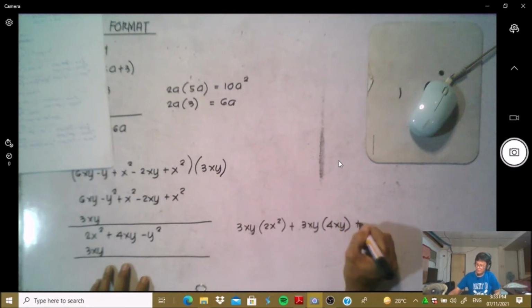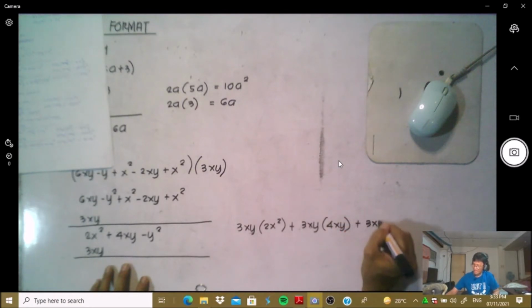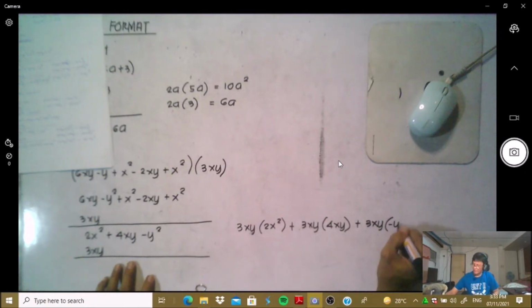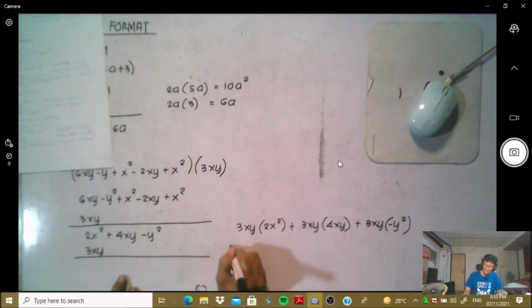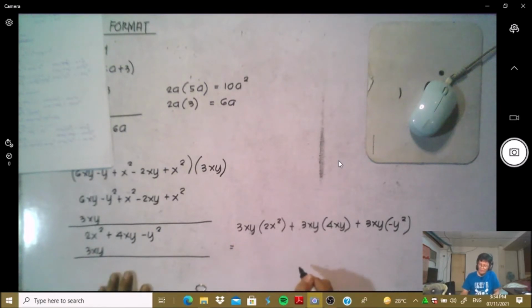Then plus 3xy multiplied by negative y squared. Okay, so we have 3xy times 2x squared plus 3xy times 4xy minus 3xy times y squared. Okay, but actually we can do that directly, but this is more clear.